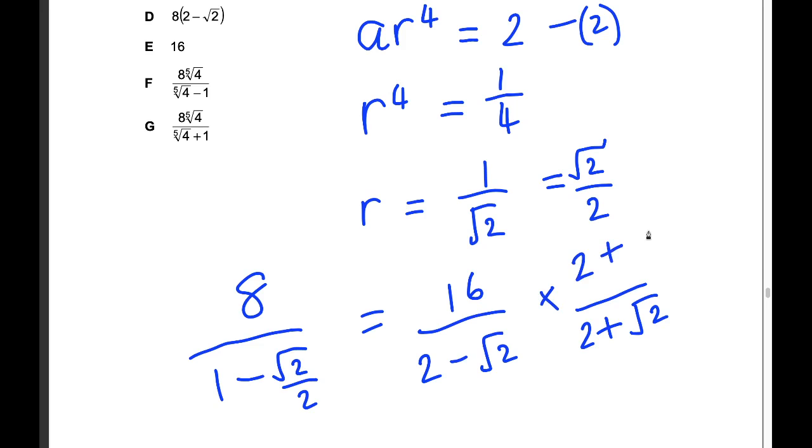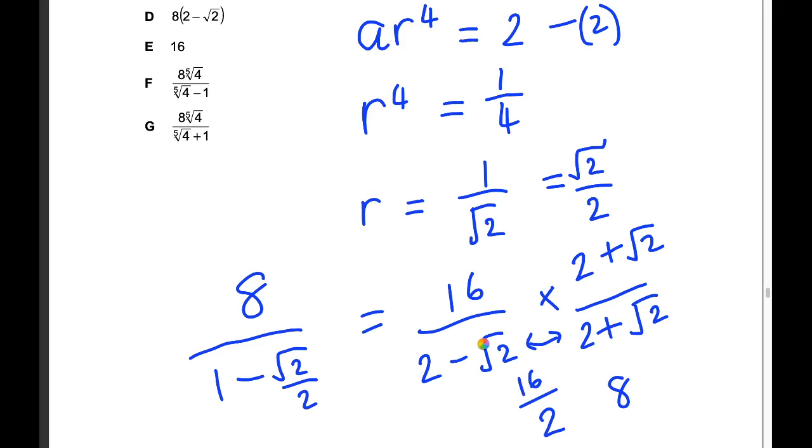So on the bottom it's going to be 2 squared, which is 4, minus square root 2 squared, which is just 2. So we're going to end up with a 2 on the bottom, and on the top we're going to have a 16. So we can cancel them and make it 8 times, so let me just make that clear. When I multiply these two together, the 2 minus root 2 and the 2 plus root 2, that will give me a 2 on the bottom.